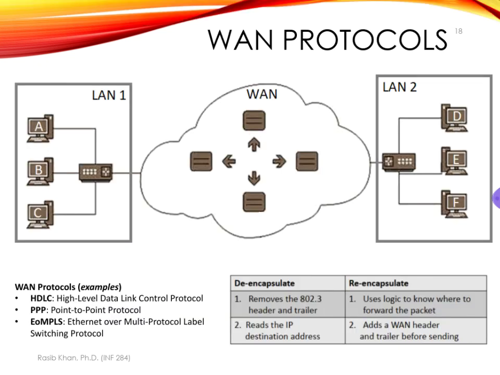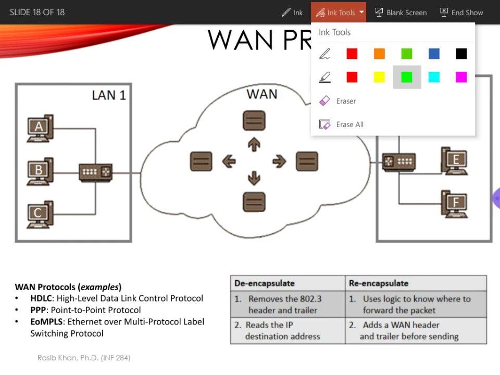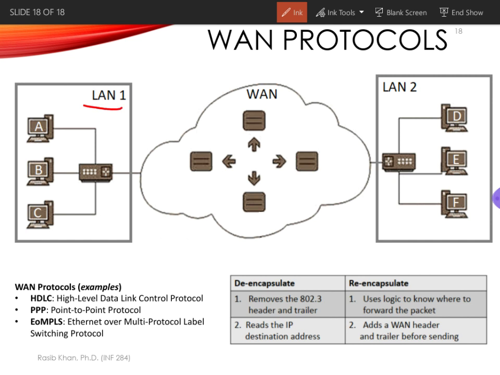So we can see a simple setup of WAN protocols with two LANs here, let's say LAN 1 and LAN 2, connected through the WAN, which is a complex network within itself. So the WAN part is running multiple of these protocols. We have HDLC, PPP.